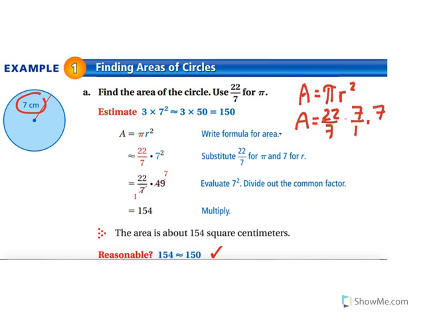So I'm going to do it one more time. So the first 7 cancels out with that 7, giving us 1s. And you can use your calculator. 7 times 22 gets us 154. And it's centimeters squared.